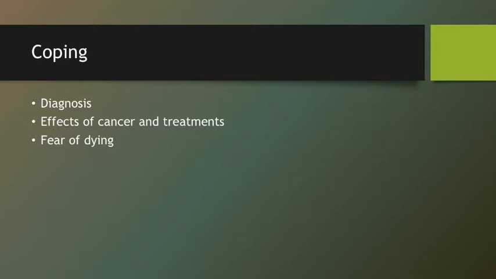All right, so also you have to help them cope with the effects of cancer, those common problems that people with cancer have. What are some of the common problems people have with cancer? Nausea and vomiting. Alopecia.